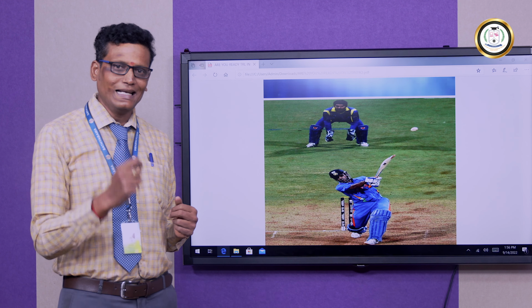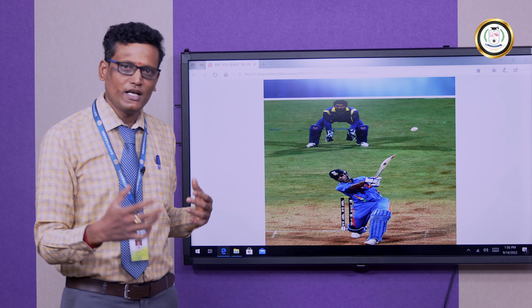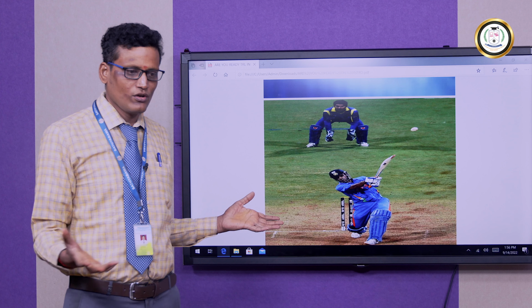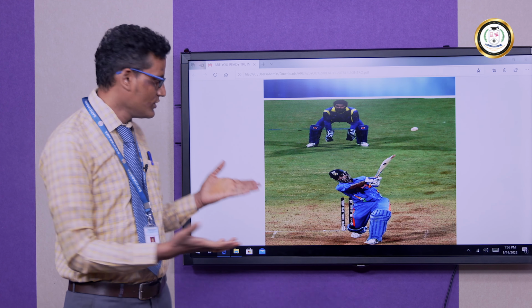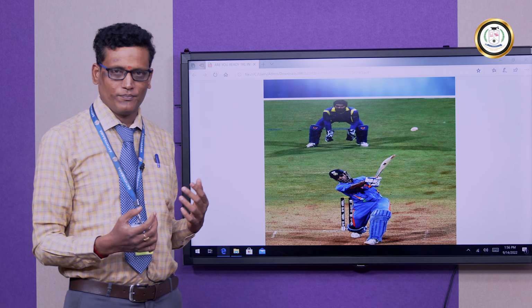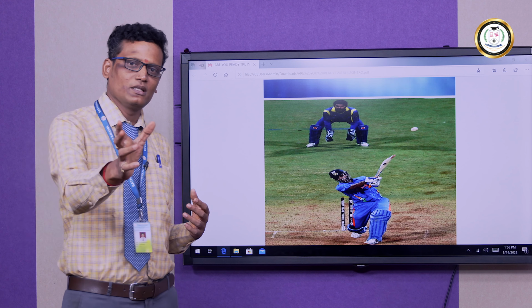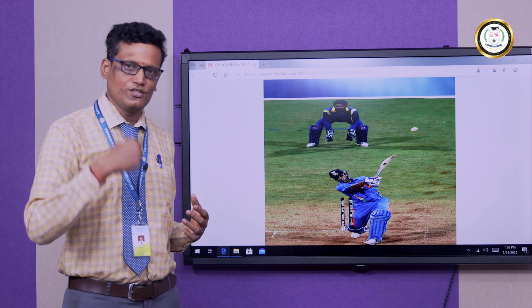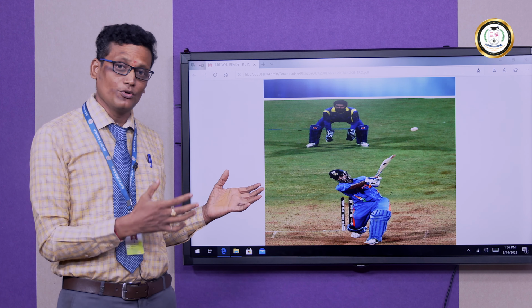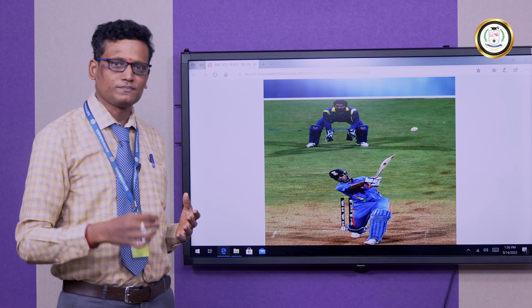If you are an MBA student and your startup idea is about incubation of leadership skills, you can take this picture as an example to promote your idea and to talk about Mr. MS Dhoni's ability to put himself in troubled waters and take on the challenges. So this picture helps you in pitching your idea, exhibiting leadership skills.